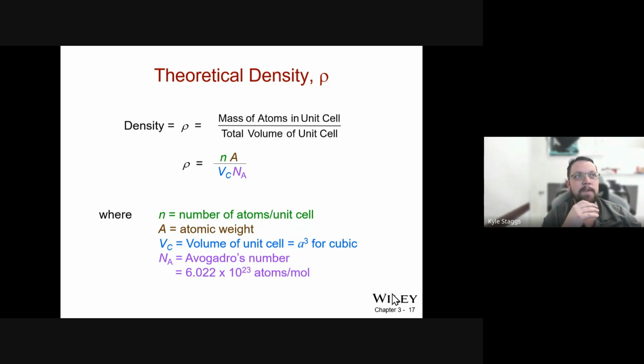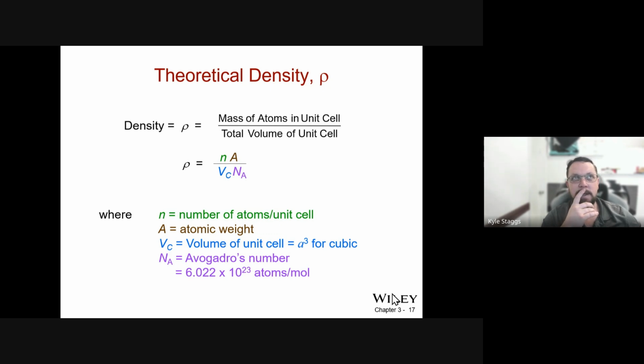Let's see if you guys have any guesses, because the concept is density is the number of atoms per unit cell times the atomic weight divided by the volume of the unit cell, which for cubic will be a cubed, times Avogadro's number, the number of atoms per mole.